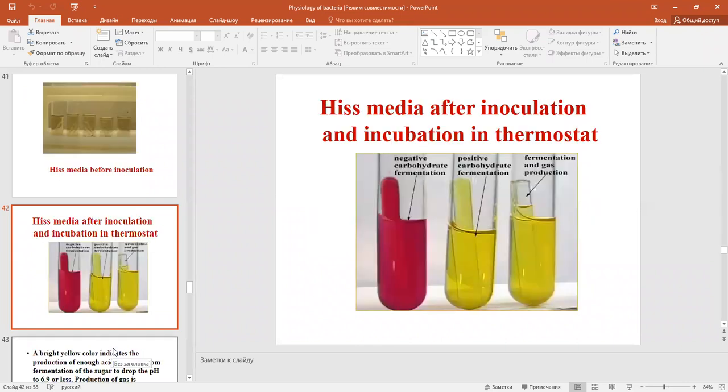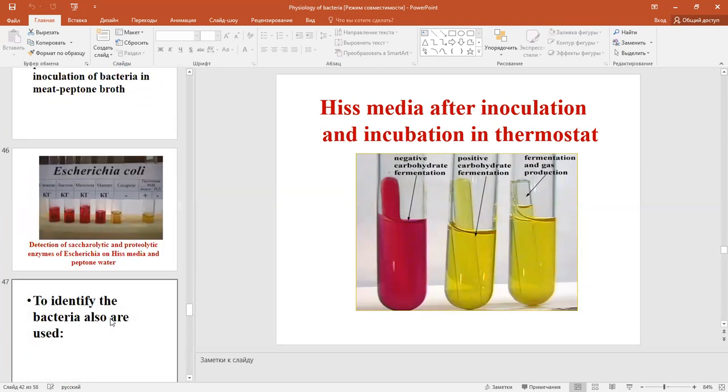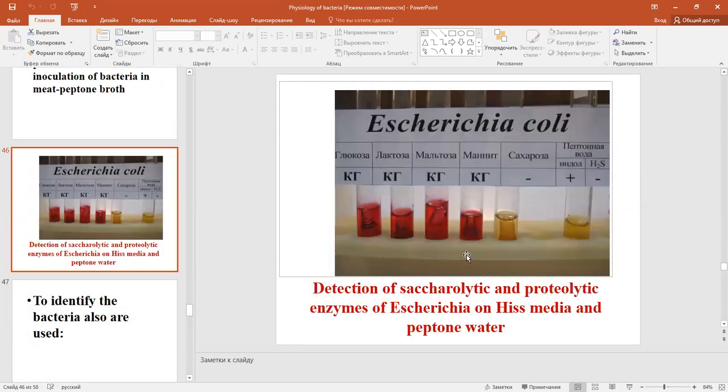Now after inoculation of specimen, when these media are incubated in a thermostat, we are looking for the color. For this picture, after incubation in the thermostat, now we see the color of fuchsin. By the way, these are biochemical properties of Escherichia coli that you will study. There are test tubes with carbohydrates such as glucose, lactose, maltose, mannitol, sucrose.